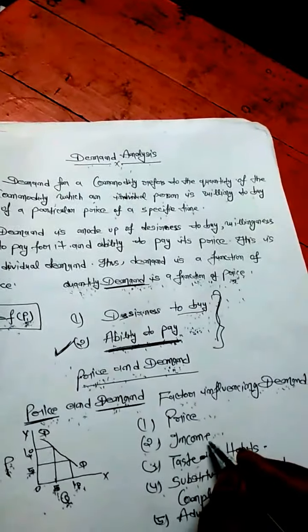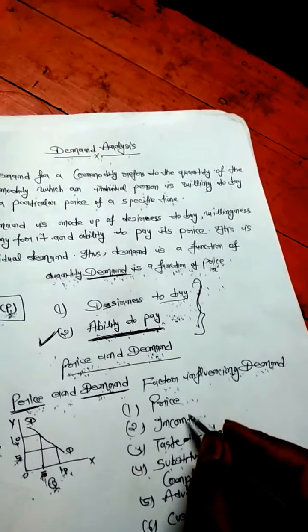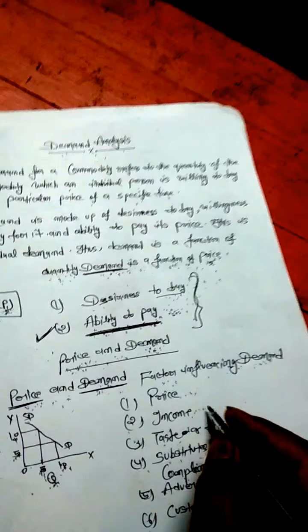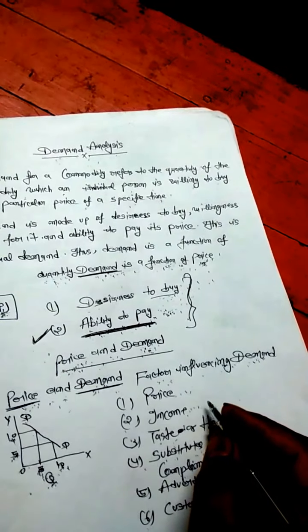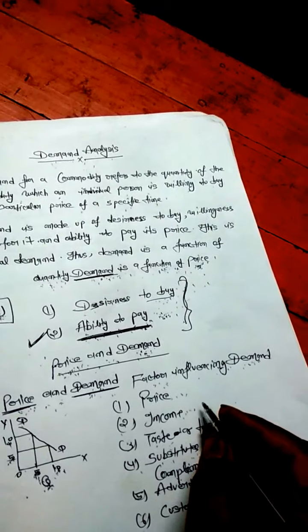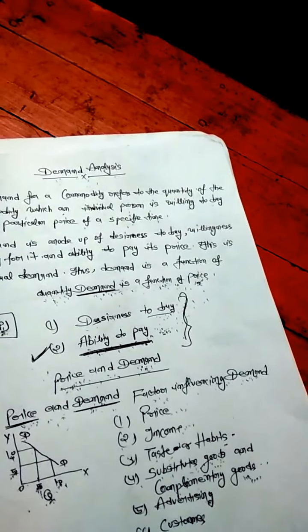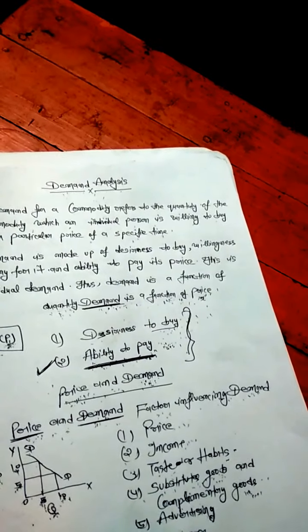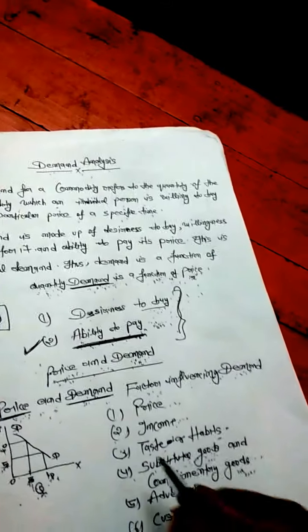The second is income. If a person's income is increasing, that person is able to pay more and more money and buy other commodities, and that affects the law of demand.